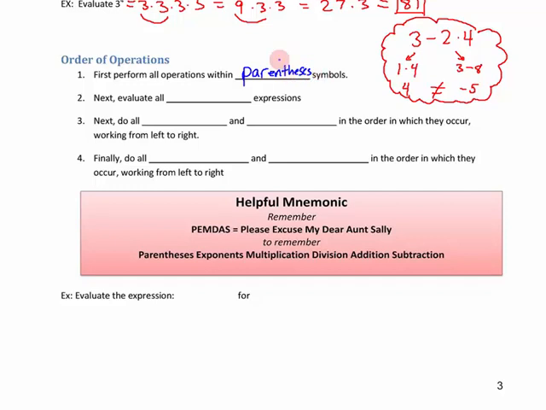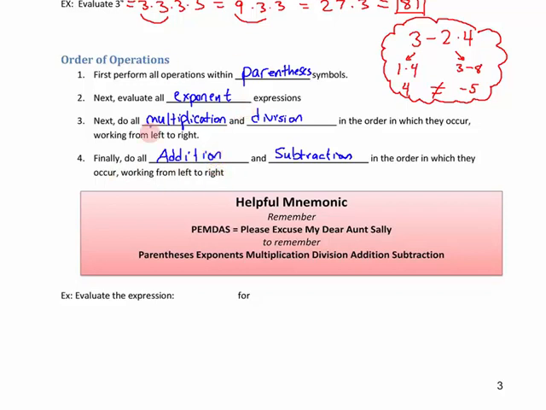Next, evaluate all exponential or exponent expressions. Next, do all multiplication and division in the order in which they occur, working from left to right. Finally, do all addition and subtraction in the order in which they occur, working from left to right.